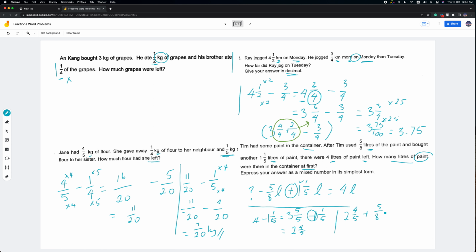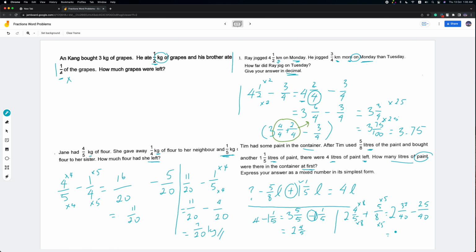Simple calculation. We change this to 40. Change this side to 40 also. So we have 32/40 plus 25/40.